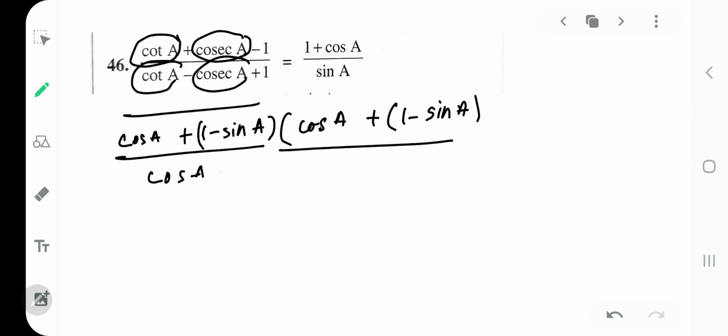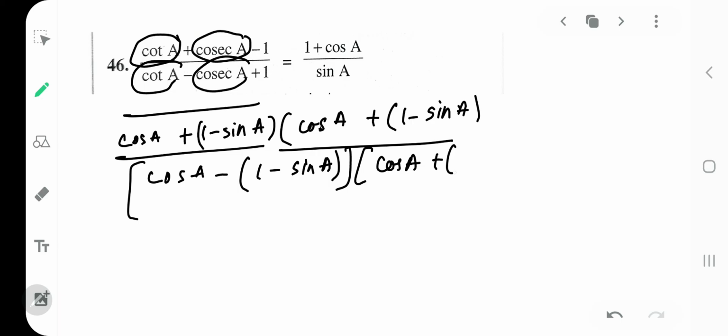And down you will have... once you got this, you can notice here that in your numerator you have cos a plus 1 minus sin a.